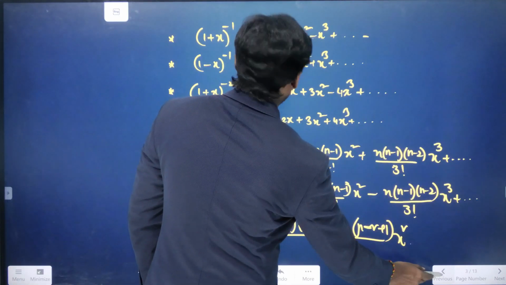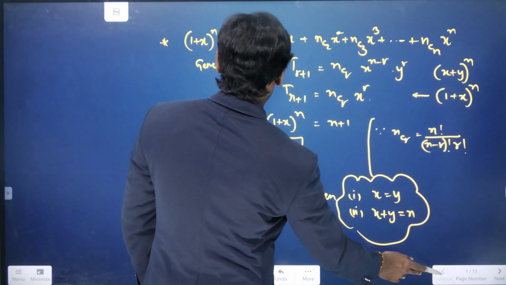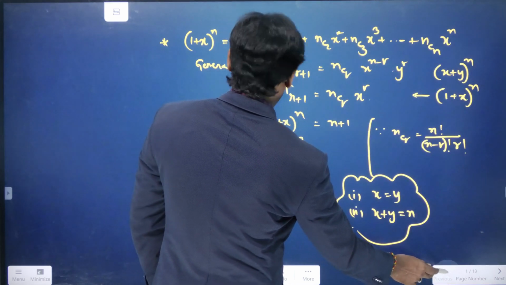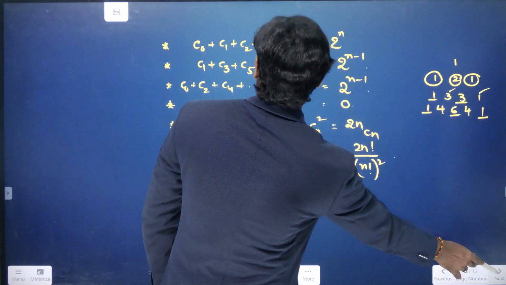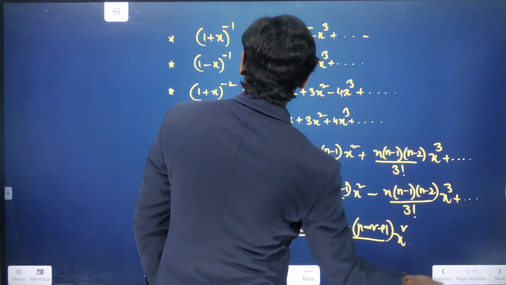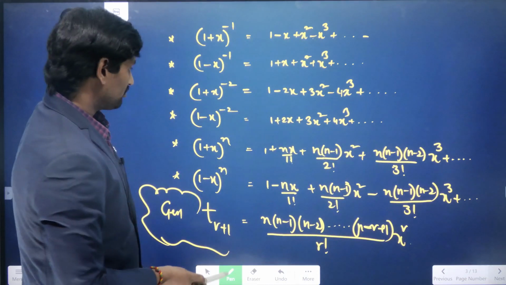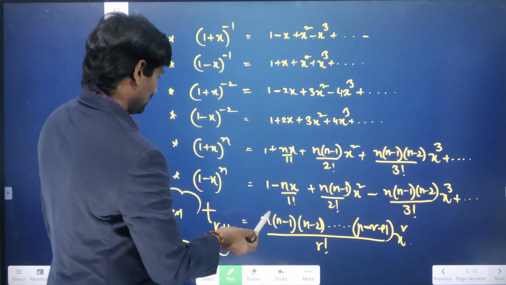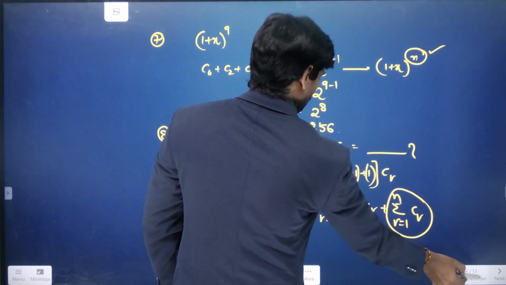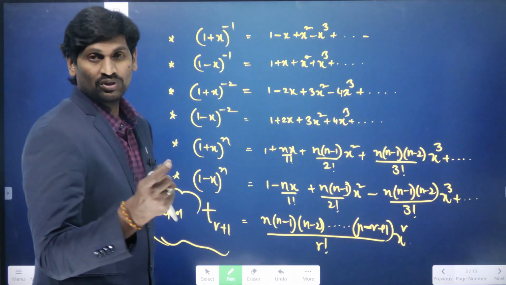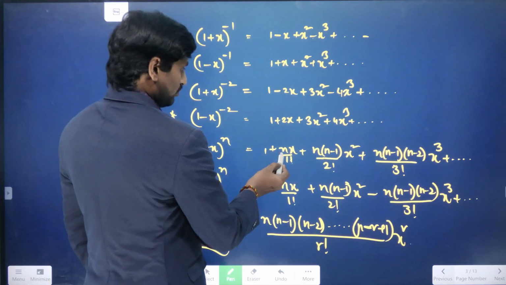Or else we can, see the property here. While you are observing, see here, 1 into 1 plus nx.